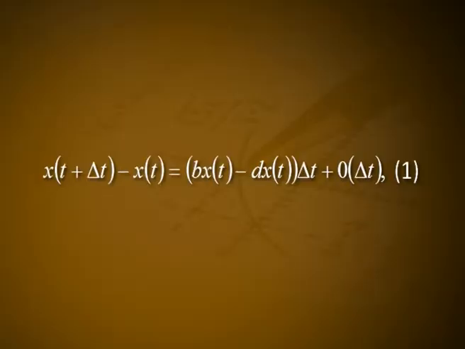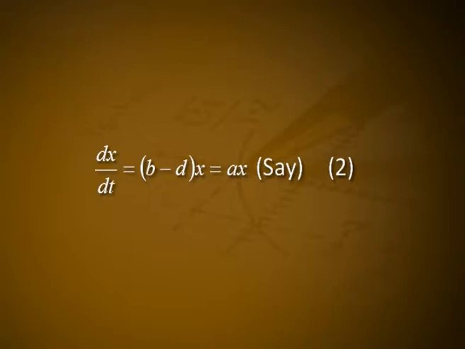So that x(t plus delta t) minus x(t) is equal to (b minus d) x(t) delta t plus o(delta t). Dividing by delta t and proceeding to the limit as delta t tends to 0, we get dx by dt is equal to (b minus d) x, which is equal to ax.